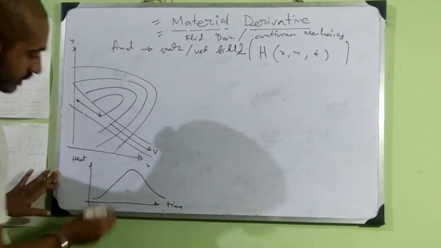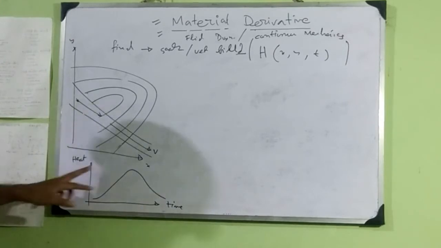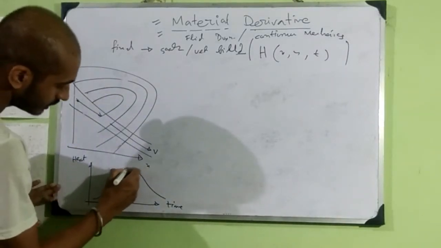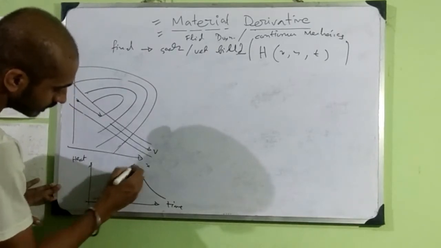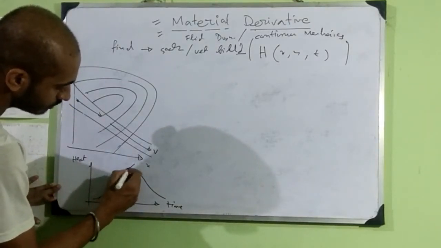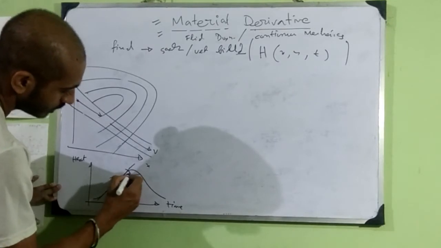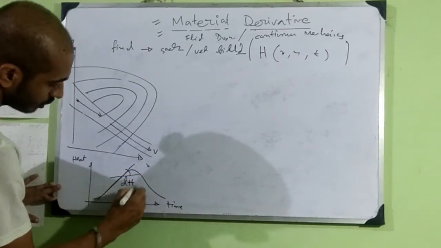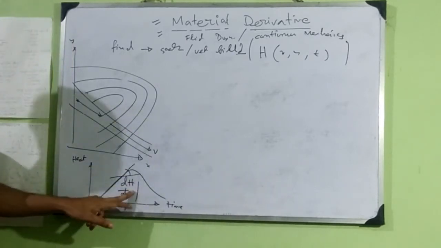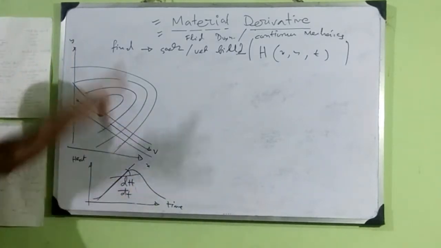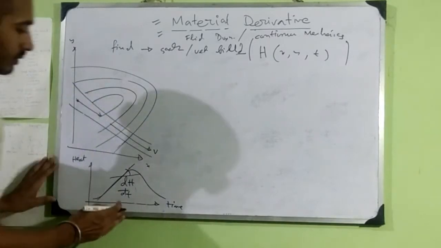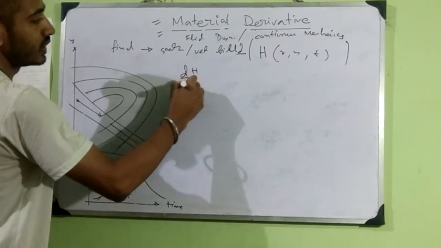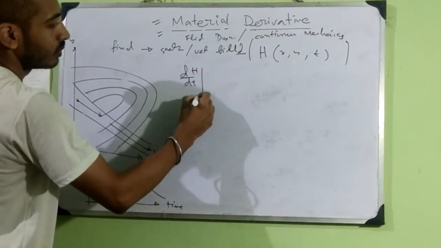If you want to consider how much change in heat with respect to time in your path, this gives the tangent to the curve at any point, and this is denoted by dh/dt following you. But here h does not represent that field. So dh/dt is following you.